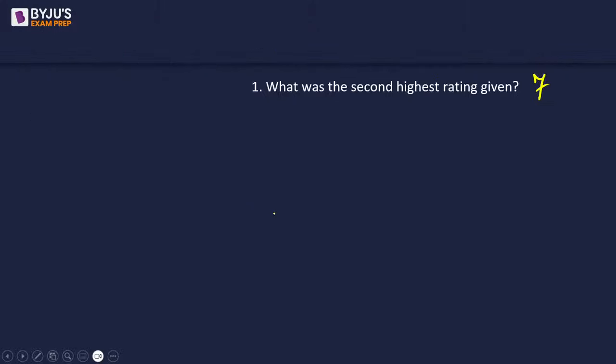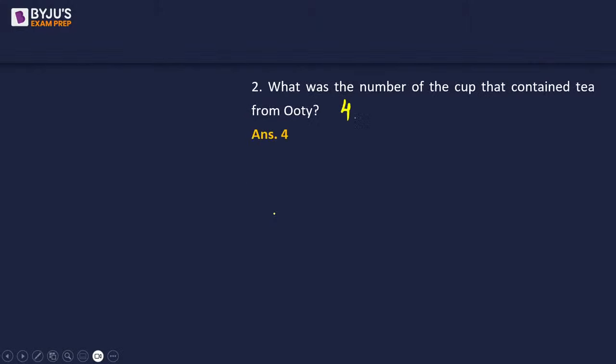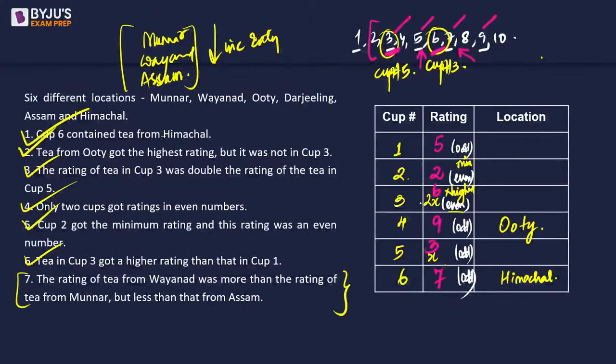Now, question number 3 says, if the tea from Munnar did not get the minimum rating. So the minimum rating is 2, right? So tea from Munnar gets a rating of 3, right? So this is Munnar. This is out of the equation right now.